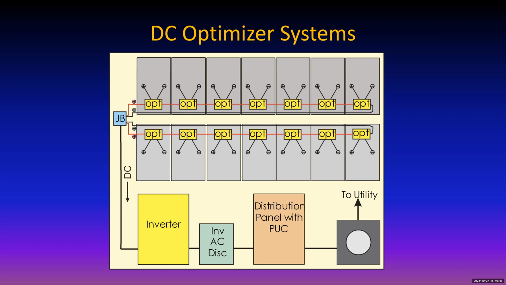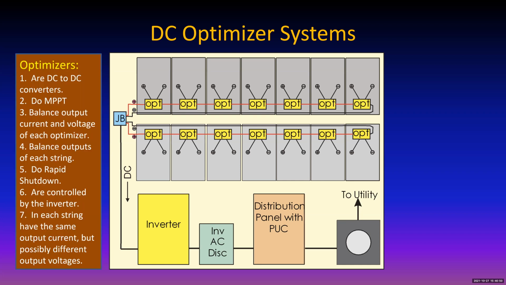What's different now about designing one of these? Well, we have to know about the optimizers. They are DC to DC converters. Like I might have 40 volts and 10 amps at the input, and that would be 400 watts. So that means I need 400 watts at the output, but I can get that with different combinations of current and voltage, and that's what the DC to DC converter does.